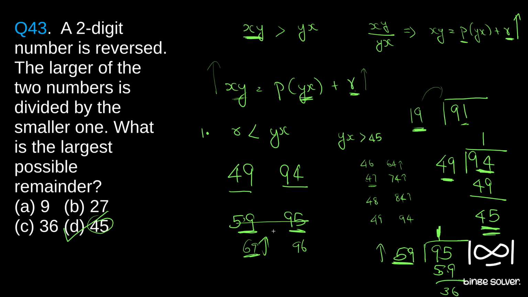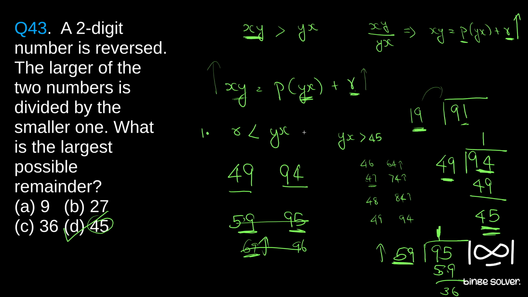For 59, 96, 69 and so on, this number got very large. So those numbers won't give a remainder greater than 45. 49 is the largest such number we can find, so that its reversed number is large, and we get a very large remainder. So 45. That is the logic I applied here.